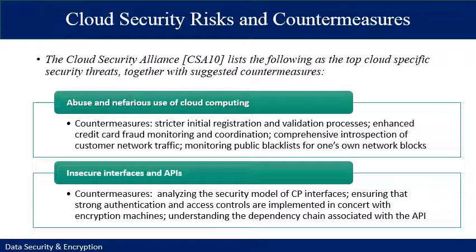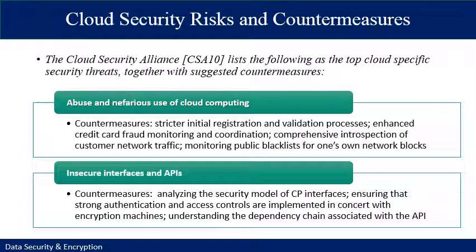Countermeasures include stricter initial registration and validation processes. You can also use enhanced credit card fraud monitoring and coordination, along with comprehensive introspection of customer network traffic. And you can also monitor public blacklists for one's own network blocks.